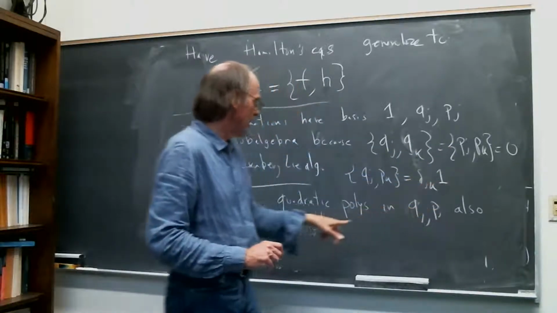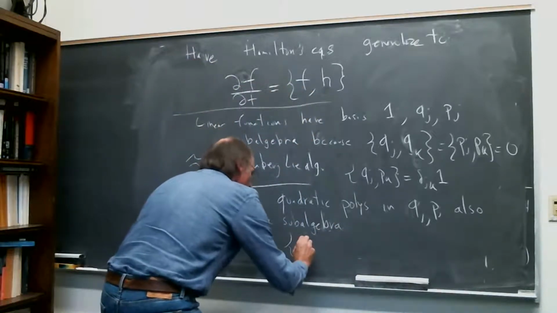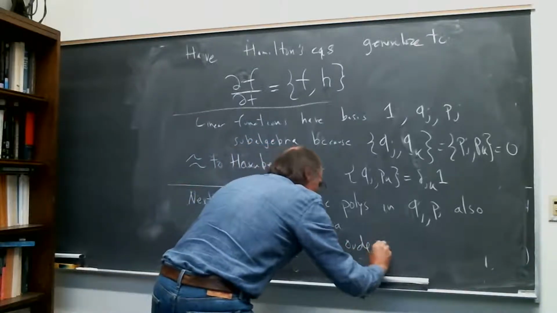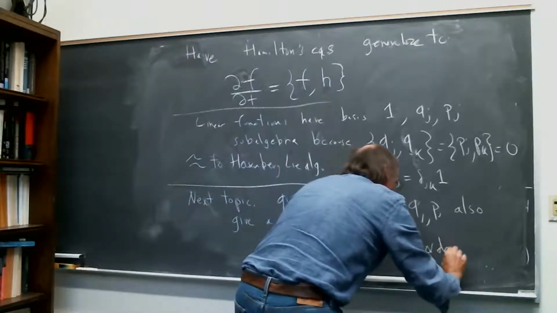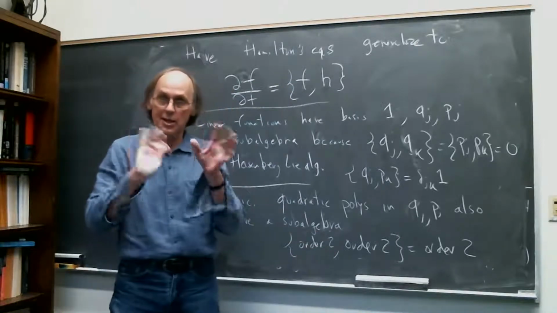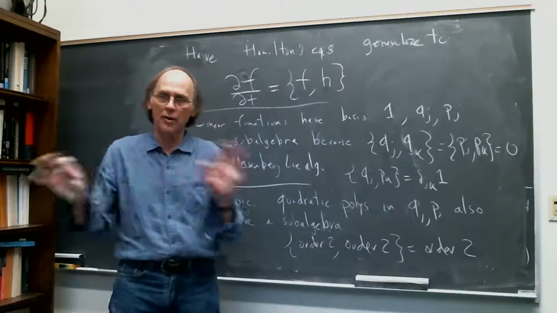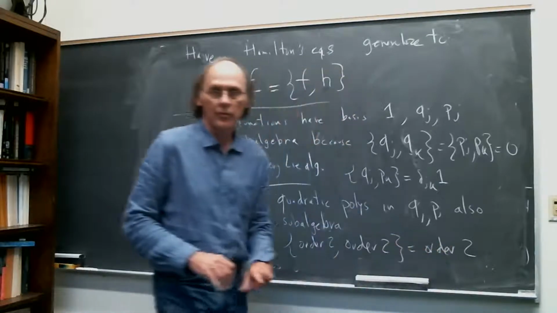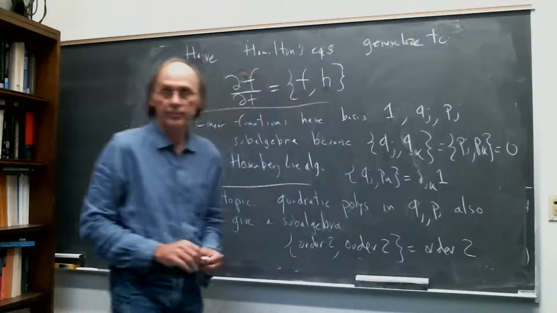If you take any polynomial with just things of second order and bracket it with any other function of the q's and p's of second order, you get another thing of second order.